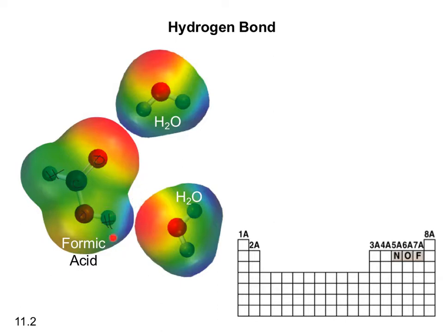So the hydrogen's kind of positive, oxygen's kind of negative, so you get an attraction. On this side, we have our O, but there's not an H bonded to it. So this O, you can tell that it's kind of negative. There's a lot of electrons there, but it's not going to be as attracted as it would be here because this O is not hydrogen bonding at all. And there you can see our little N, O, and F, the most electronegative things.